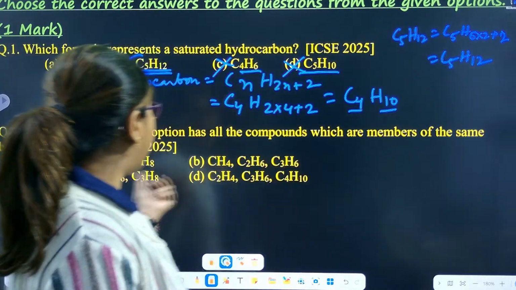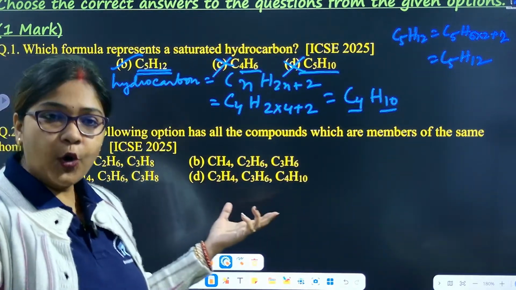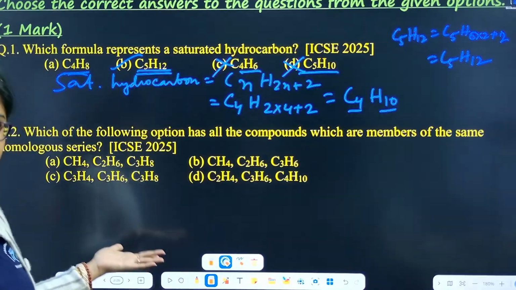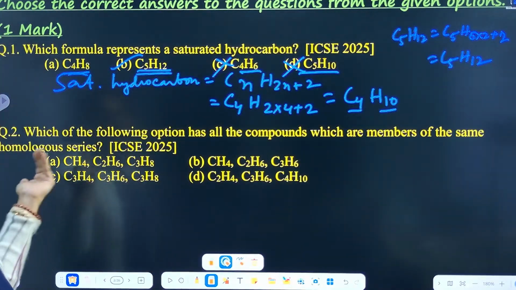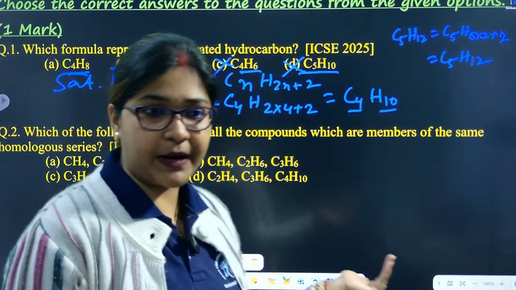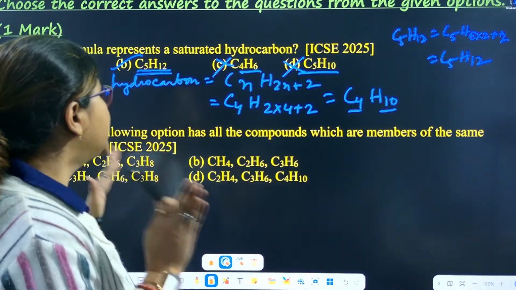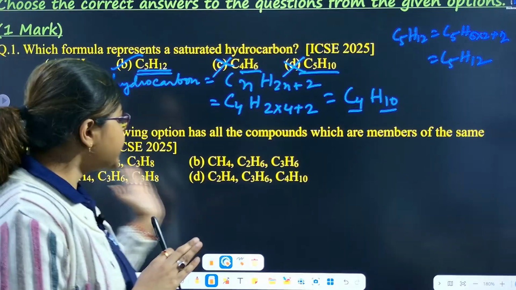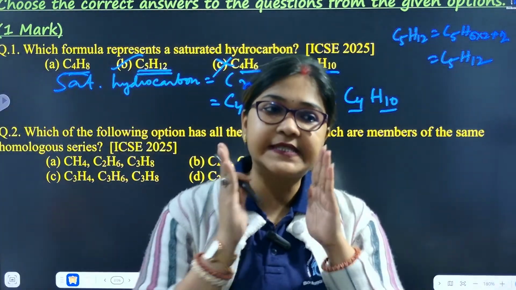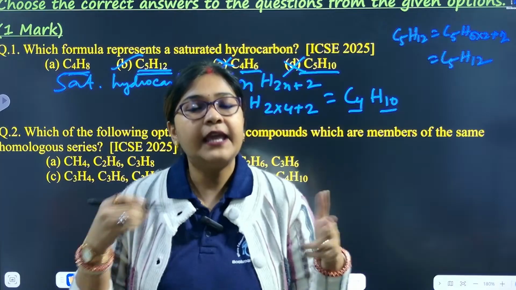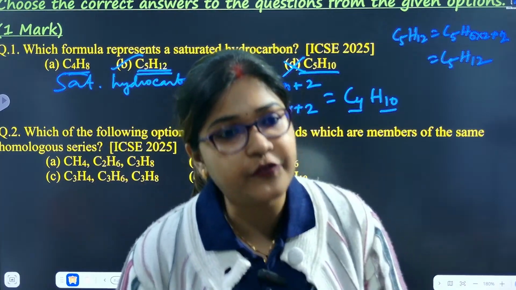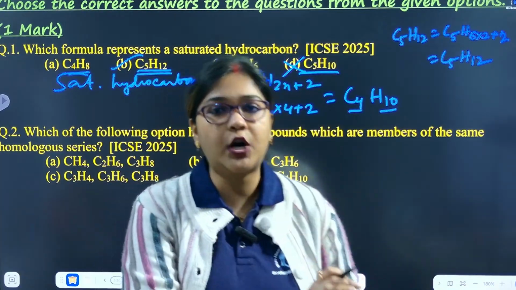Here there are 4 options, and the 4 options have organic compounds that belong to some homologous series. You have to identify which compounds belong to the same homologous series. If you recapitulate the definition, what is a homologous series?